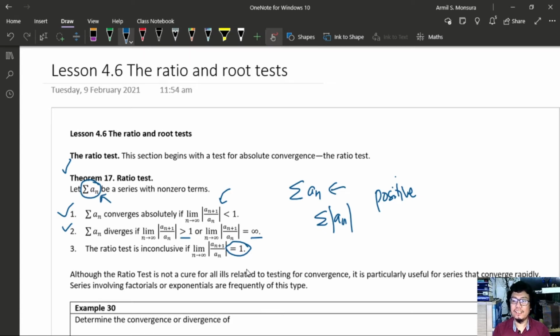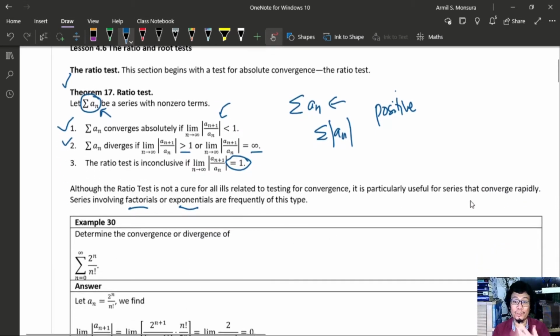Series that involve factorials or exponentials can converge or diverge rapidly, and these can actually be tested using the ratio test. Number one, it would be easier to do the operation.